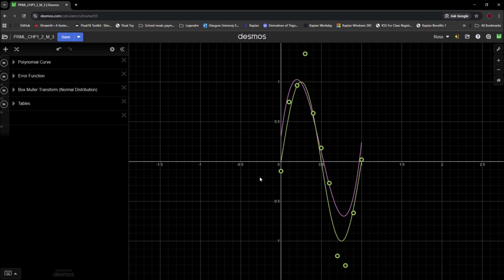We need a process whereby we can define the best fit in terms of this value M. In the next video, we will look at how we can choose the value of M in order to avoid this overfitting.